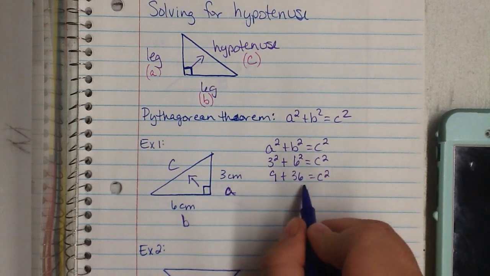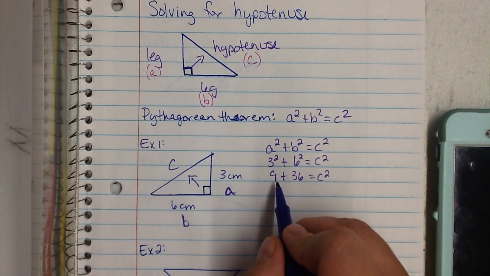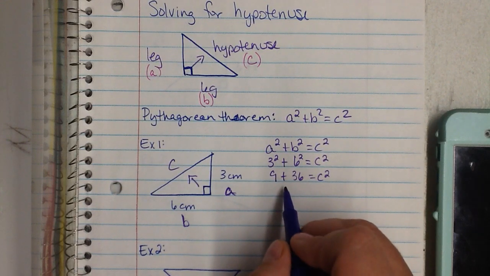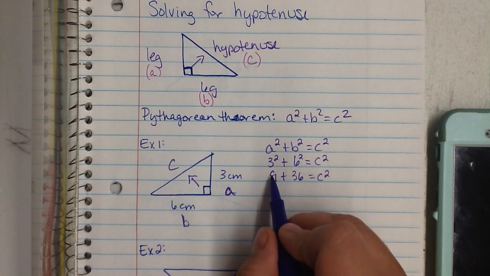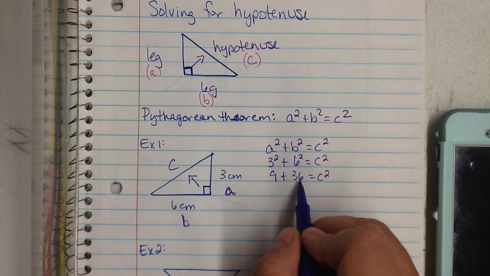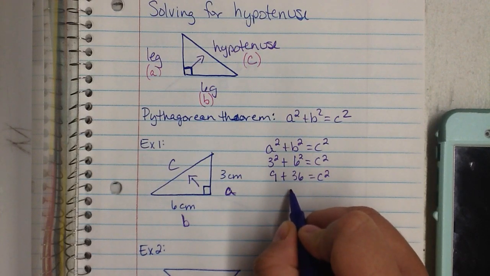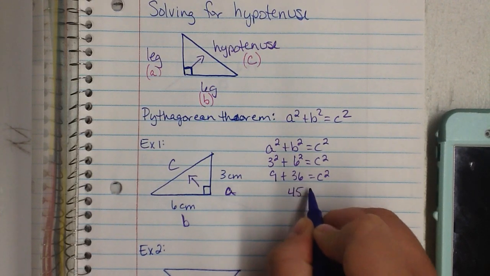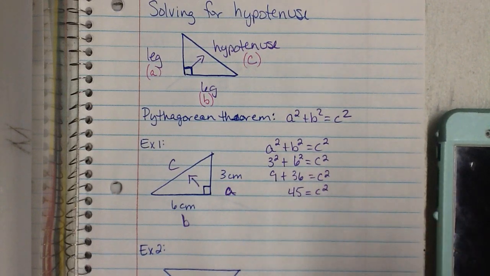Then we add those together when they're on the same side of the equation. So 9 plus 36 is 45 equals C squared. We have not solved for C, and we need to make sure we do that.